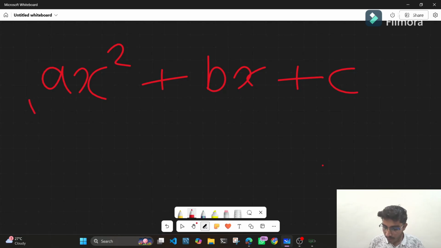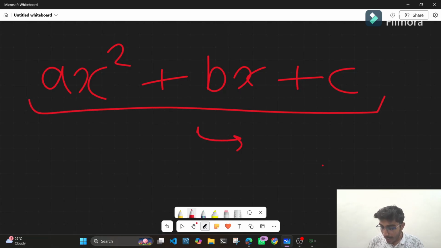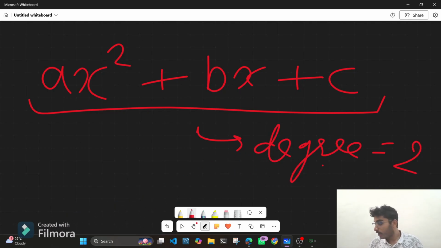This was a polynomial of degree 2, because the highest power of x in the expression is 2. This is how we find the degree of the polynomial. So we know that this is a polynomial and its degree is 2.